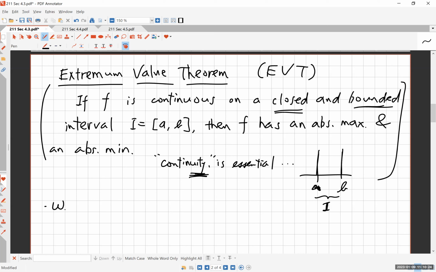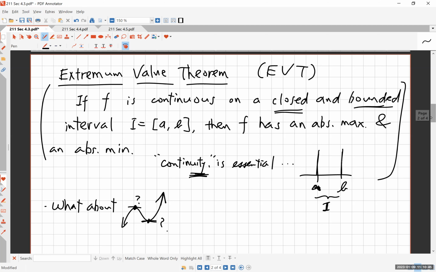Okay, so what about points like this? Aren't they max? Isn't this a maximum and this a minimum? And the answer is, well, no, not in the absolute sense, right? This is not absolutely the highest point because the graph goes higher. This is not the absolute minimum because the graph goes lower.